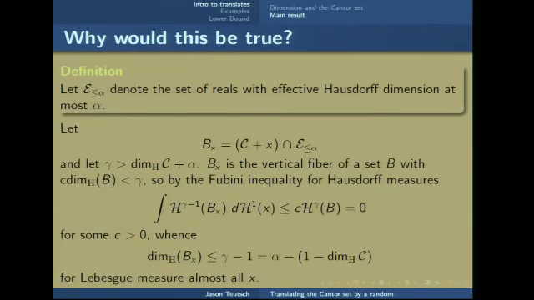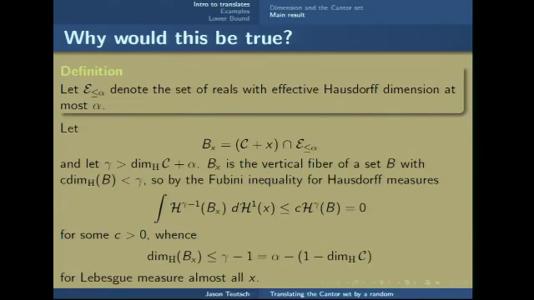Okay, a slight variation of the definition. It's a little easier to look at this one first. Let E less than or equal to alpha be the set of all reals with effective Hausdorff dimension at most alpha. Let's look at this set for a second.